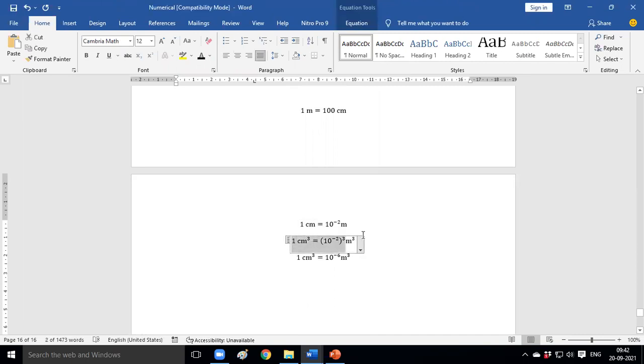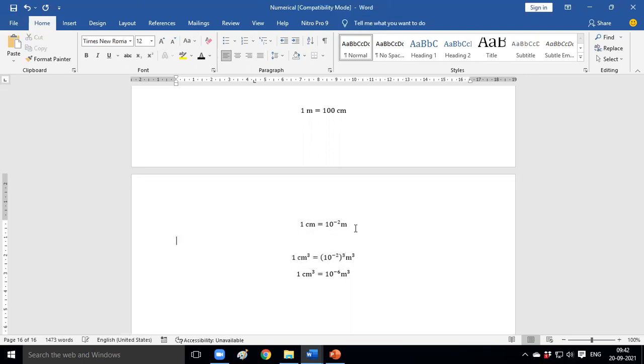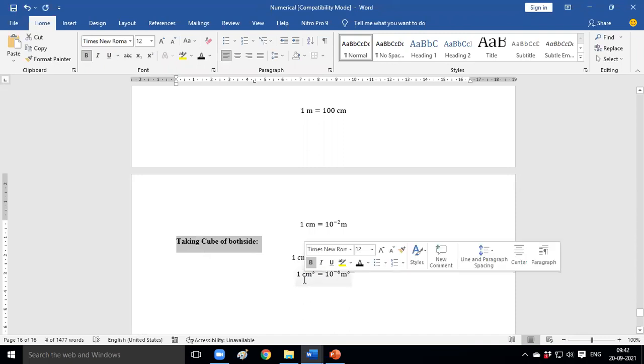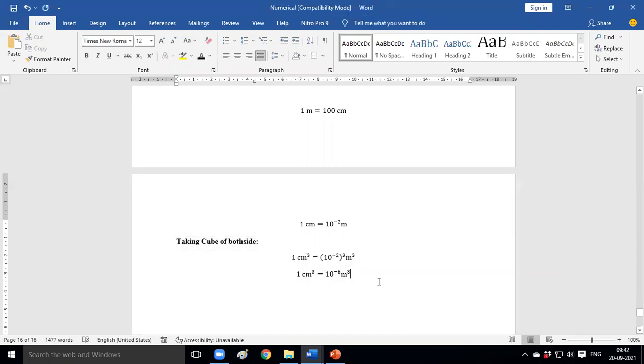Similarly, we convert 1 centimeter to centimeter cube by taking the cube of both sides. So 1 centimeter cube is equal to 10 to the power minus 6 meter cube.